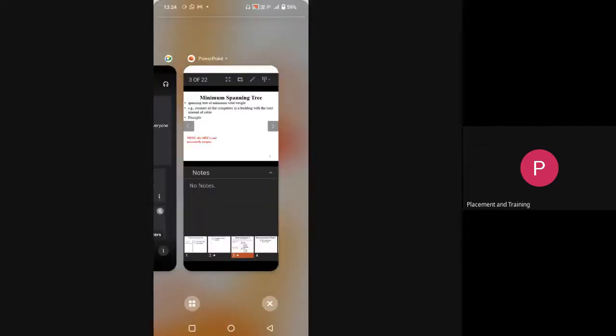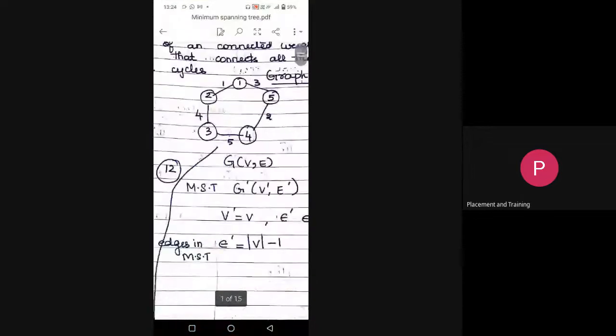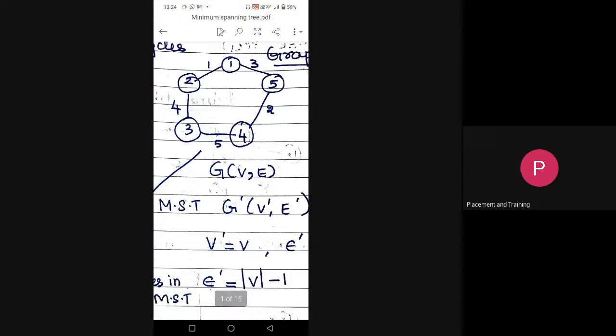I would like to share with you another example which I had prepared for my class. That will be a bit easy. I'm having a graph with five vertices: one, two, three, four, five. Here I want to find a minimum path or the spanning tree which I want to create.